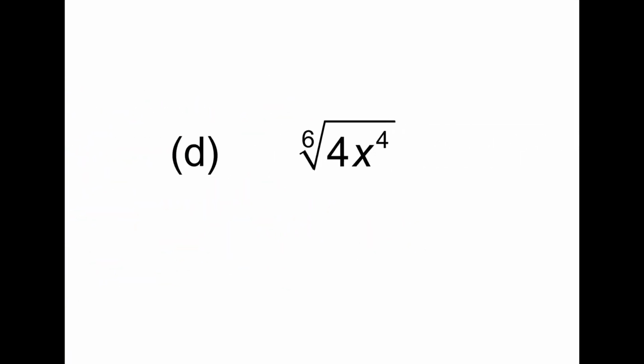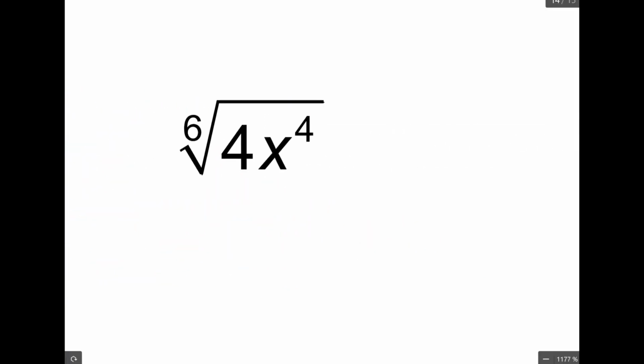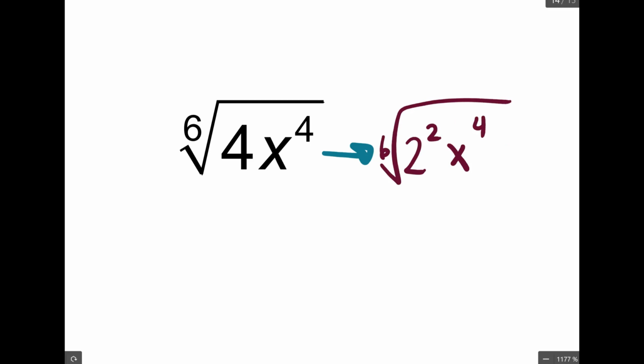Part D, you can always pause the video and try it. How could I write this and make it a little easier? Anything that's a square number, just rewrite it in the smallest terms. So I'll write this as 2 squared times x to the 4th, all to the 6th root.